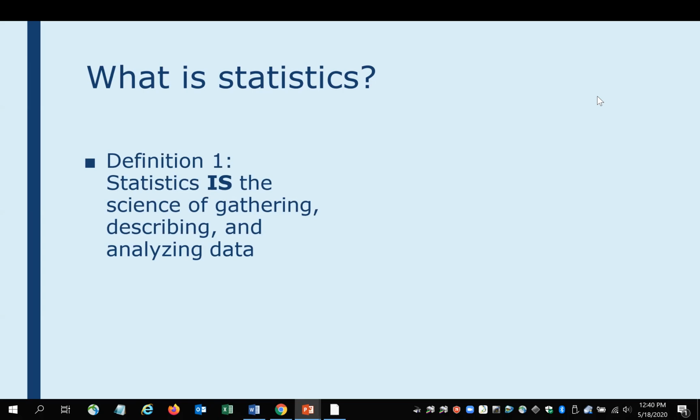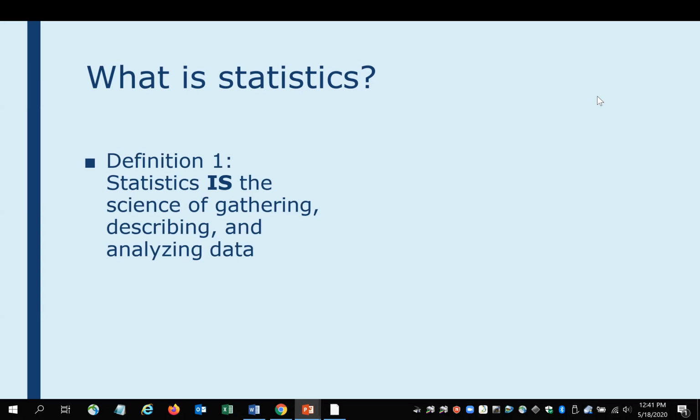It says statistics is. So statistics is like my big overarching theme, just like we have English as its own subject matter, or history as its own. We view that as a collective group.